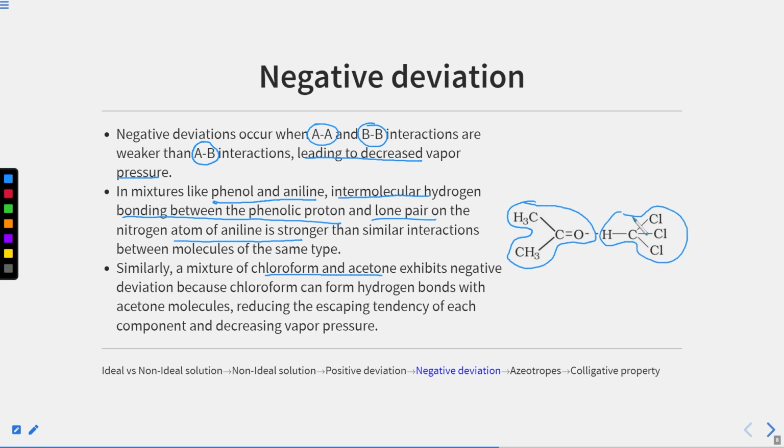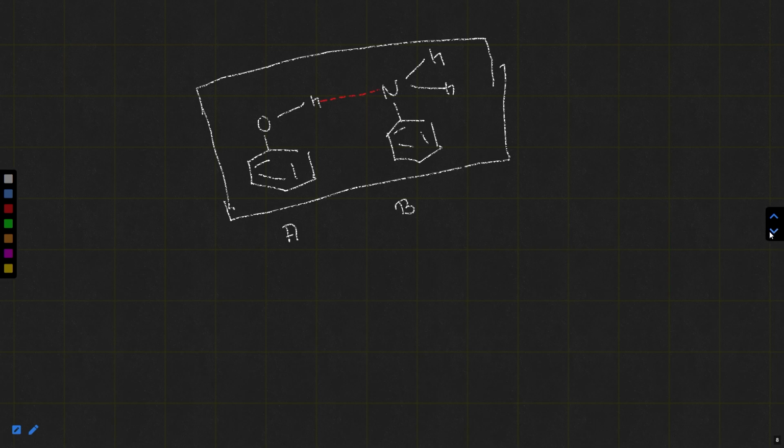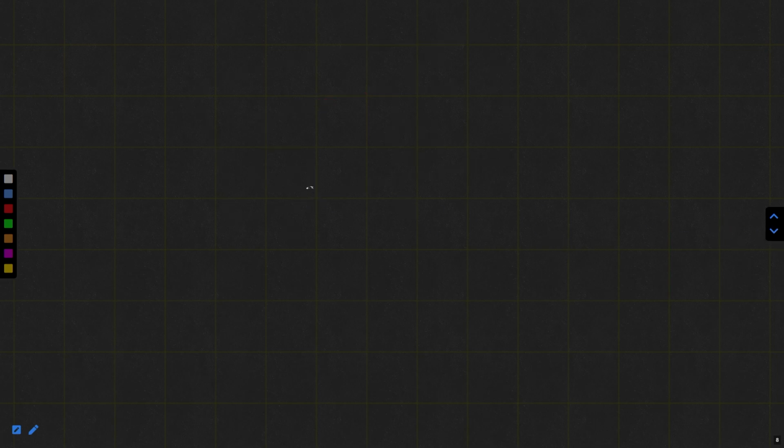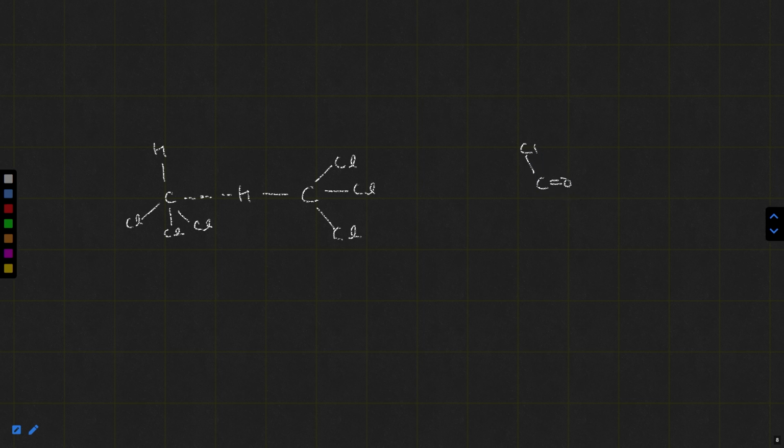If you consider these individually, chloroform's hydrogen must have been forming some kind of interaction, not that much, between this carbon and this H. Also, acetone has no acidic proton.